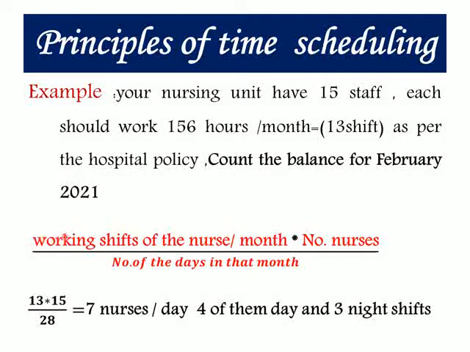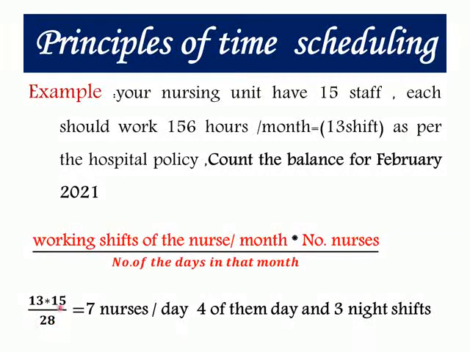Here is the formula for counting balance. Working shifts of the nurse per month multiplied by number of nurses divided by number of days in that month. 13 multiplied by 15, the number of nurses, divided by the days of that month.